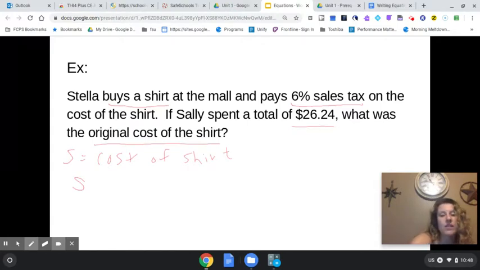So we're going to have to multiply 6% or 0.06 times the cost of the shirt and add that on to the cost of the shirt. So S plus 0.06 times S, and that's going to equal the total cost of the shirt, $26.24.